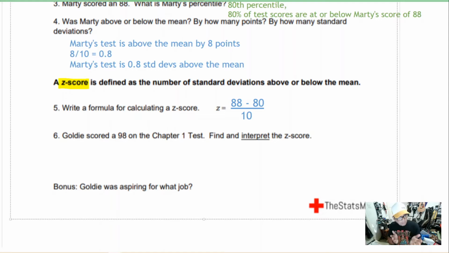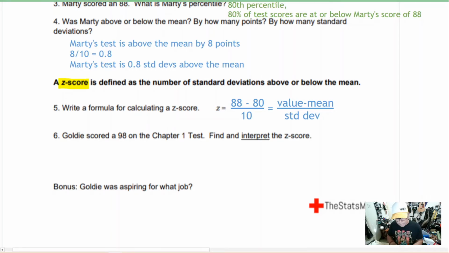So what are those numbers actually? 88 was just Marty's value, his test value, and 80 was the mean. And the 10 was the standard deviation. So if I replace 88 with value, 80 with the mean, and 10 with the standard deviation, we get a formula for a z-score: the value minus the mean, divided by the standard deviation.